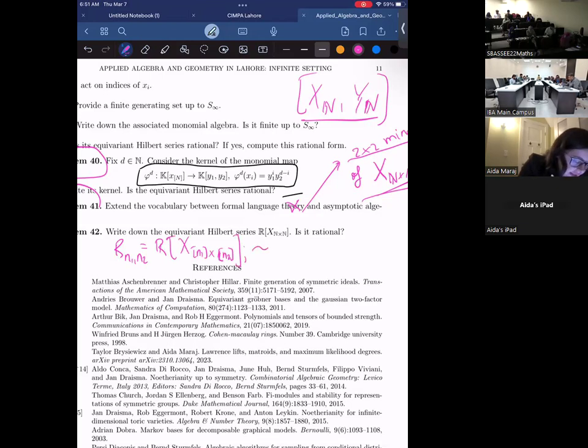This one has Hilbert series 1 over 1 minus t to the n1 times n2, as I said earlier. Then you take the sum over every n1 and n2, with s1 to the n1, s2 to the n2.